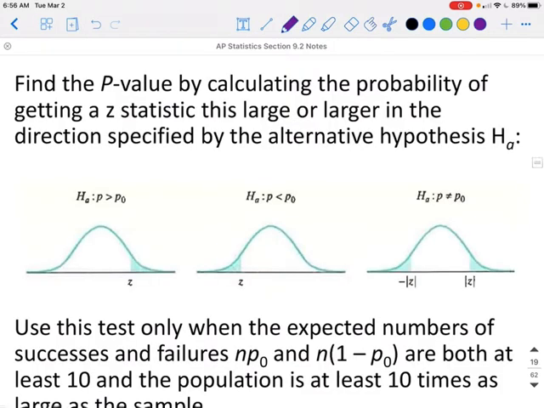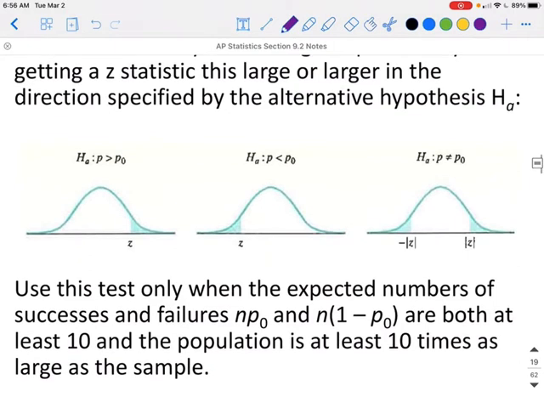You're going to find the P value by calculating the probability of getting a z statistic this large or larger in the direction specified by the alternative hypothesis. So if our alternative hypothesis says that it's greater than, you are looking for the area to the right. If it says less than, you are looking for the area to the left. And if it says not equal to, you are actually going to look at both directions.